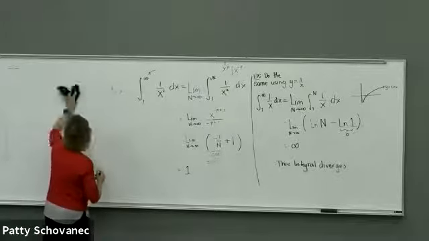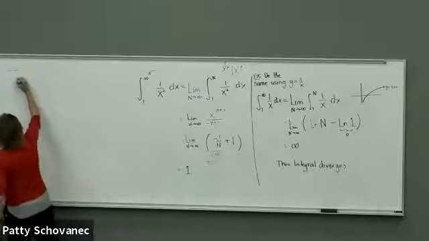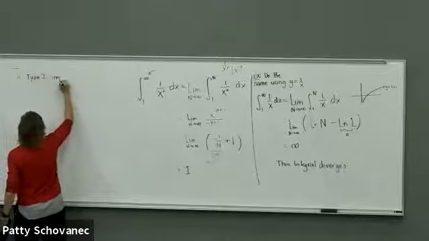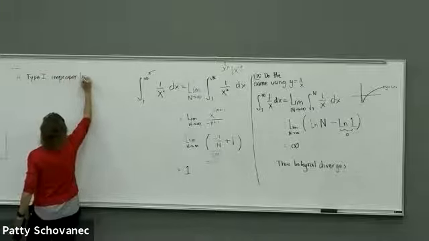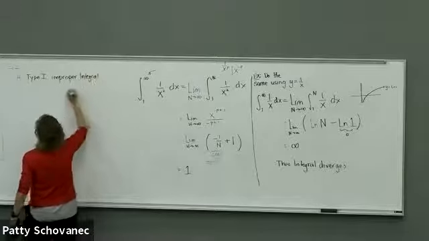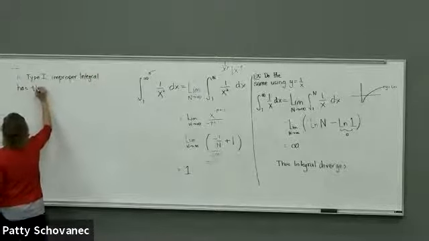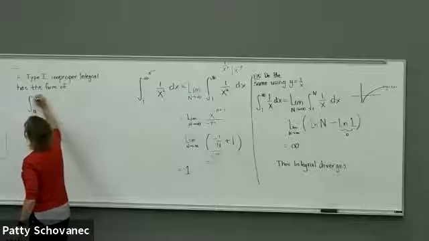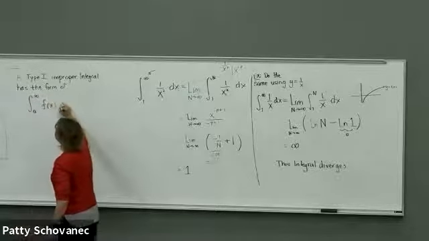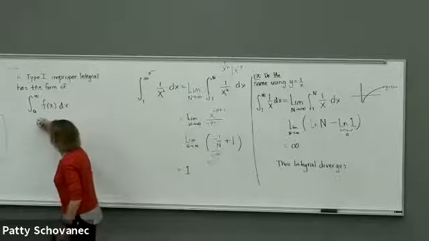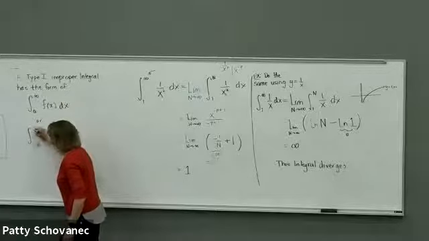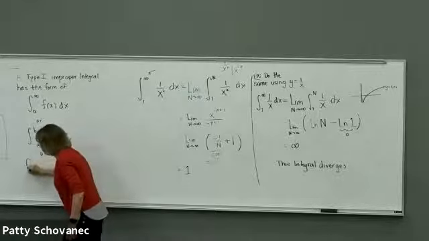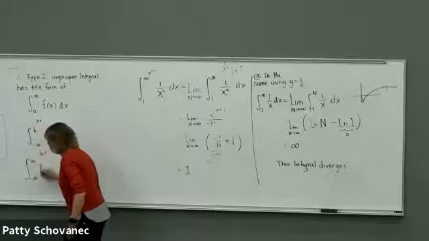So a type 1 improper integral has the form of either the integral from some number to infinity of a continuous function, or minus infinity to another number, or even minus infinity to positive infinity.